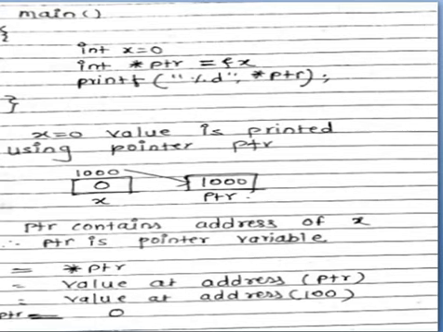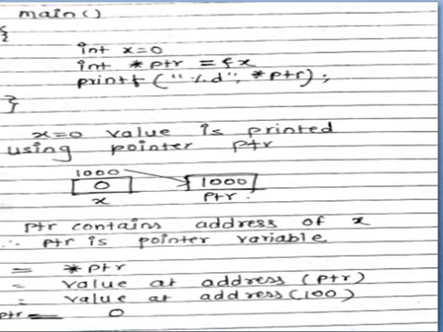Let us take another example of the same kind. In the main function, integer x contains 0. ptr is a pointer variable which contains the address of x. They ask to print the pointer ptr. I have explained here that x is equal to 0, and the value is printed using pointer ptr.